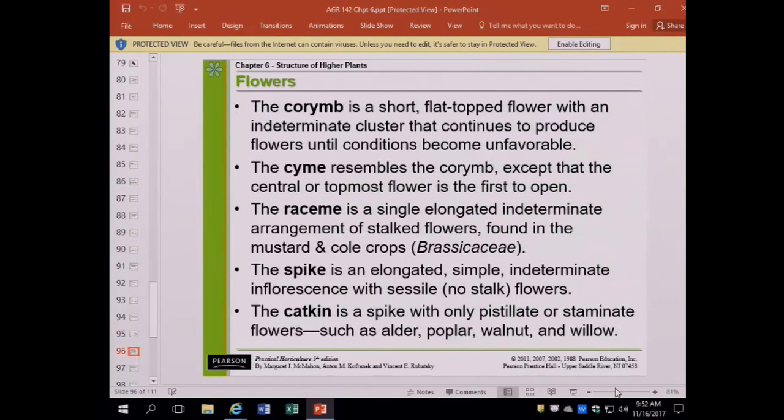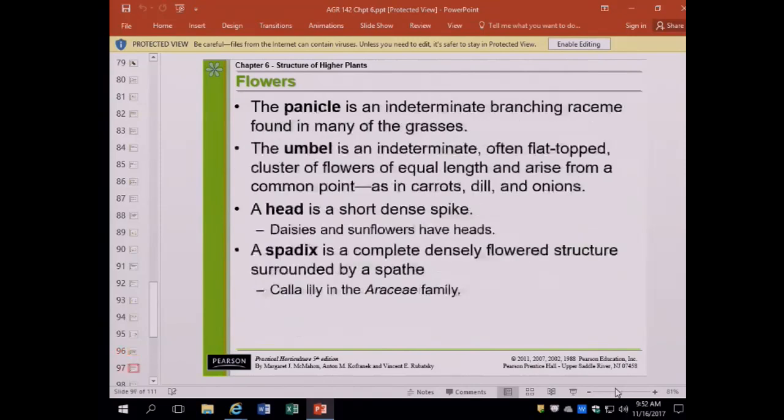And for the purposes of this class, I won't hold you responsible for it, but it gives a description of different type flowers that exist from different plants. There's also a panicle, an umbel, a head. An example of a flower with a head type structure is a daisy or a sunflower.